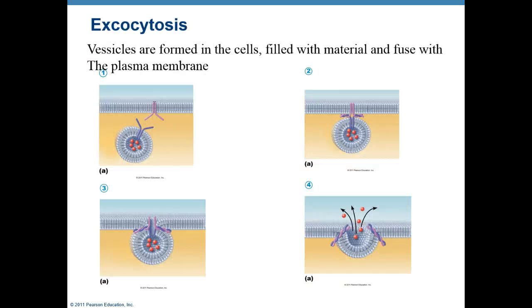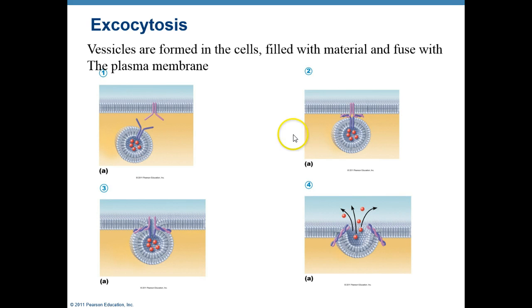Exocytosis is just phagocytosis in reverse, or endocytosis in reverse. So you have inside of the cell a bundle of usually proteins, something that you want to secrete out of the cell in a vesicle.